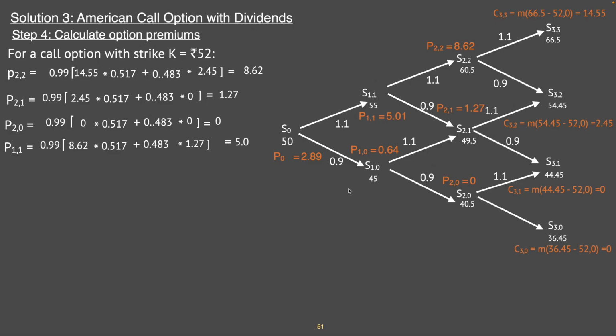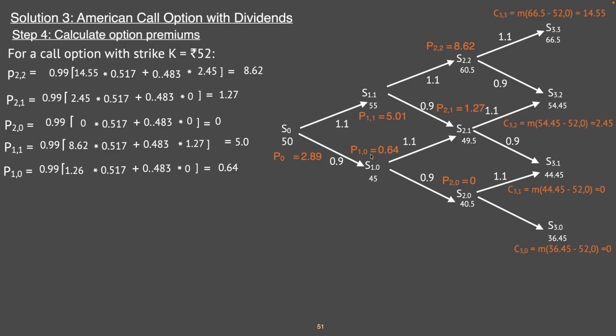Now coming to the first stage, we use these values to get the value of these two. P11 is 0.99 into 8.62 into 0.517 plus 0.483 into 1.27, so you get a value of 5.01. And P10 is 0.99 into 1.27 into 0.517 plus 0.483 into 0, so you get 0.64.